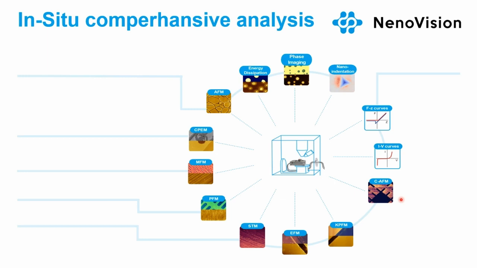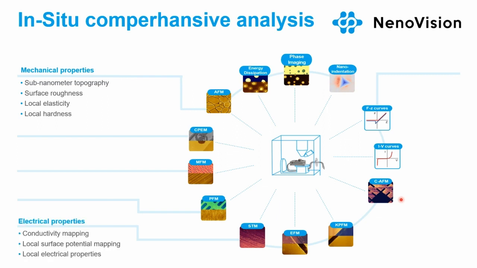As I mentioned, it's not only topography which we can offer and bring to the SEM. It's a broad variety of measurement modes and properties which we can measure. First of all, we can measure mechanical properties like topography, surface roughness, elasticity, or hardness. We can measure several electrical properties, local conductivity or surface potential mapping.